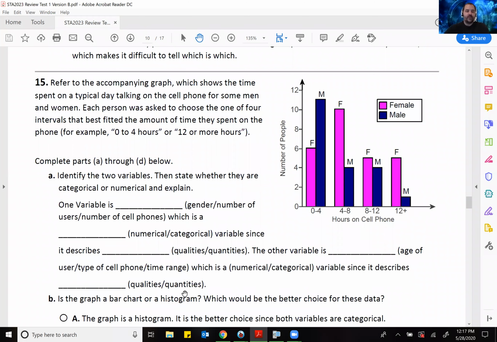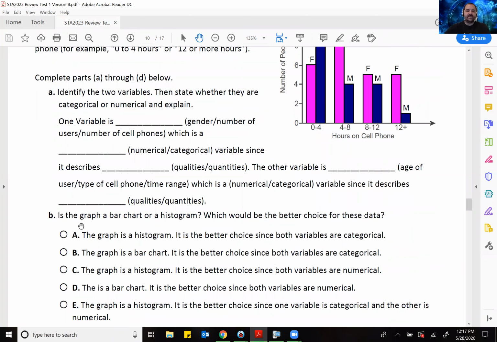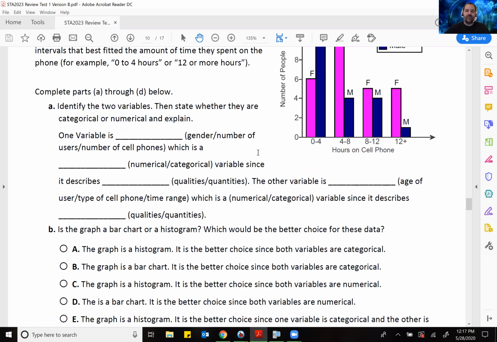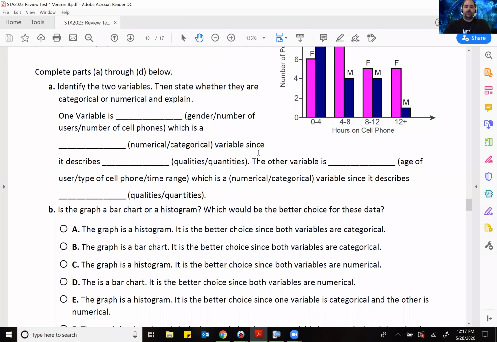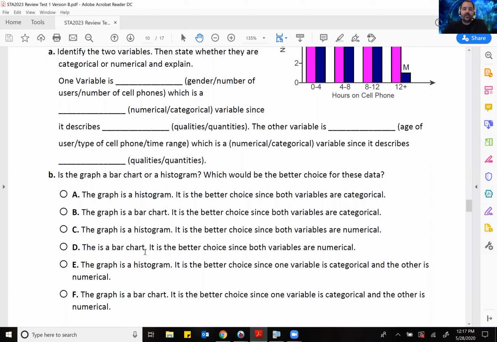Okay. So it says, is the graph a bar chart or histogram? Which would be a better choice for these data? A bar chart. Absolutely. Because again, remember, these are all categories. So our answer then is either B, D, or F. Which one is it?